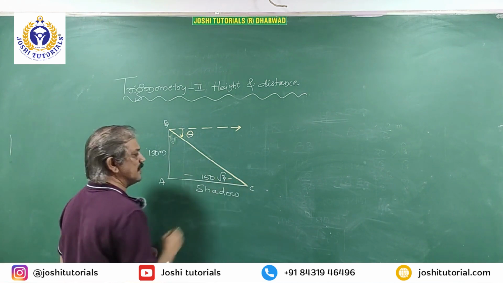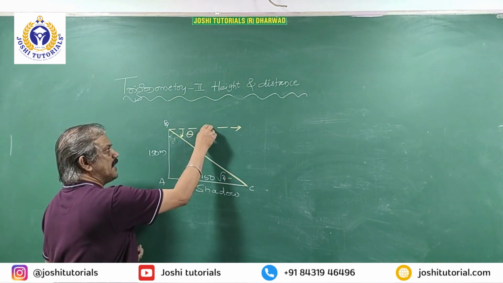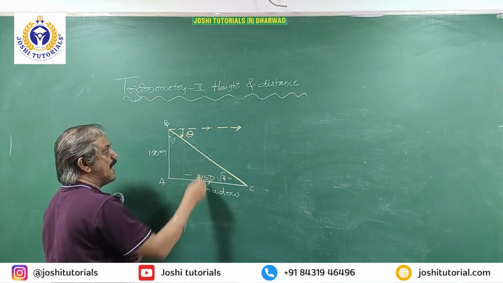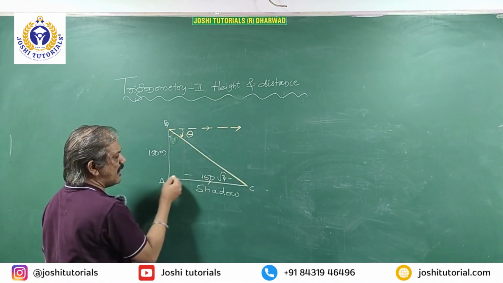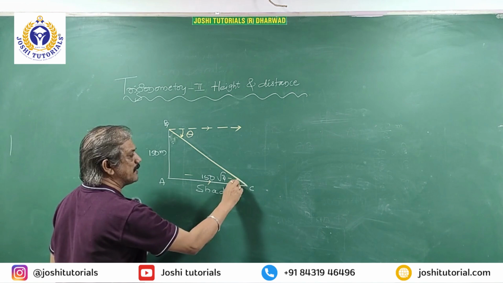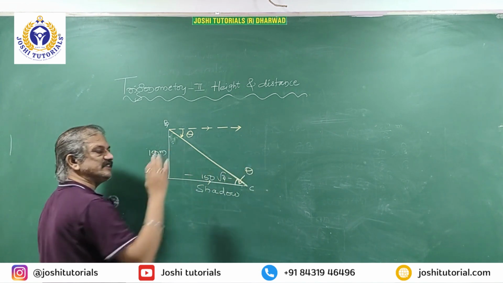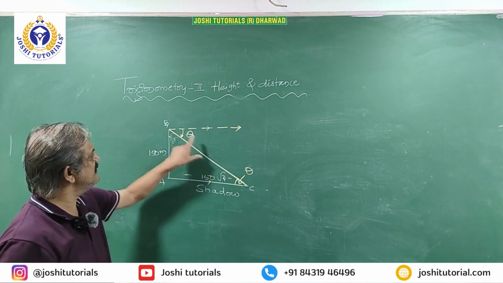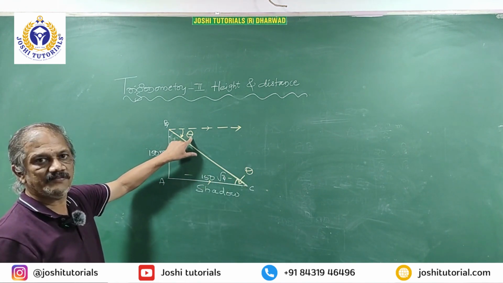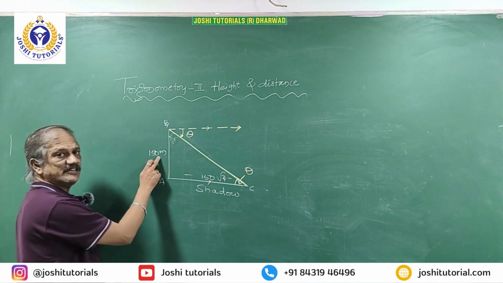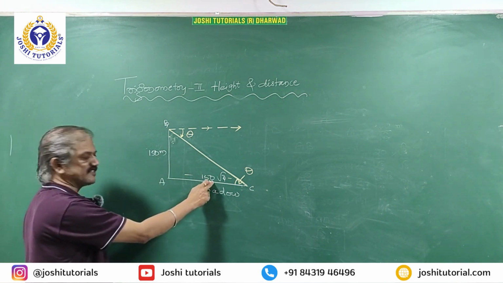So, the angle of depression is questioned. The shadow length is given. You know that this is parallel to this. Automatically, it is called the alternate angle. Then automatically, this will be theta. If you find this, it is as good as this only. Therefore, opposite is given, adjacent is given.